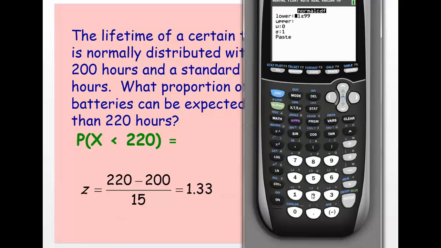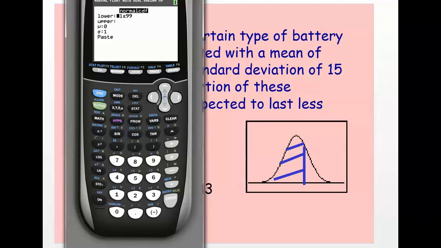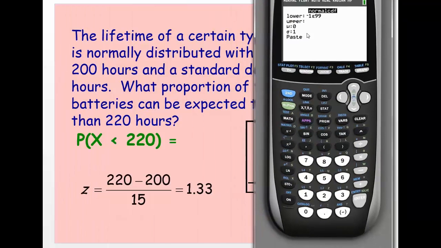And it's going to ask for lower and upper. I want less than 220, which means the z-score that corresponds to that is the 1.33 we figured. As far as the lower goes, I want this to go as low as it can, so that would be mathematically how we represent negative infinity. For upper, I want 1.33.